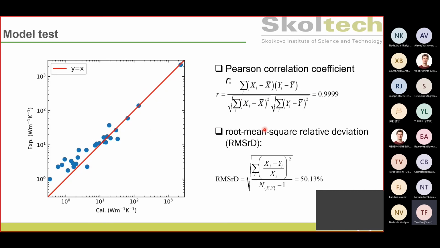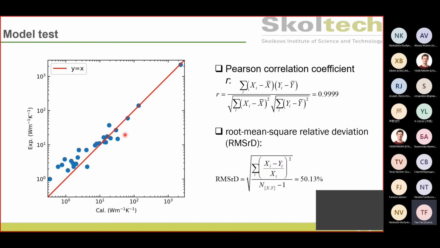Another index is the root mean square relative deviation, which is a measure of the quantitative difference between two variables. Its result is around 50%, which means on average the calculation differs by 50% with respect to the experimental values.